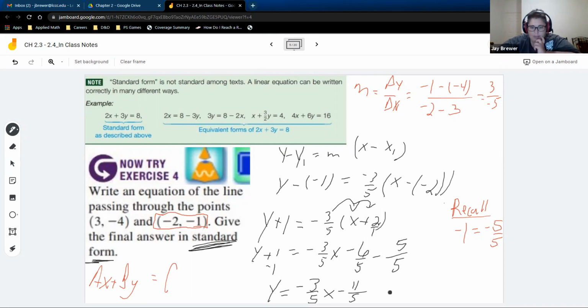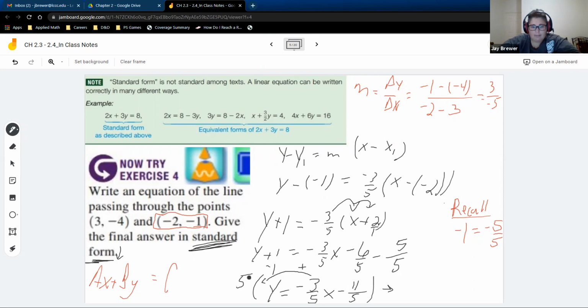over 5. And what I'm going to do is, if you see in your standard form, we don't have fractions, we have nice numbers. So before we move anything around, we're going to multiply everything by 5. Okay, and I'm also going to move this at the same time. If I'm moving it over, it's going to go from plus to positive.